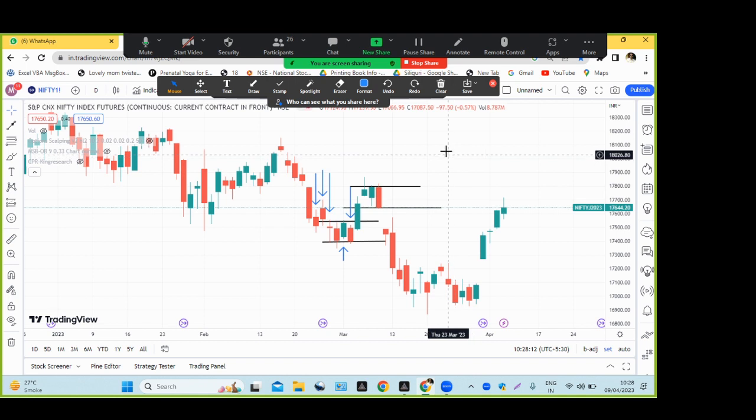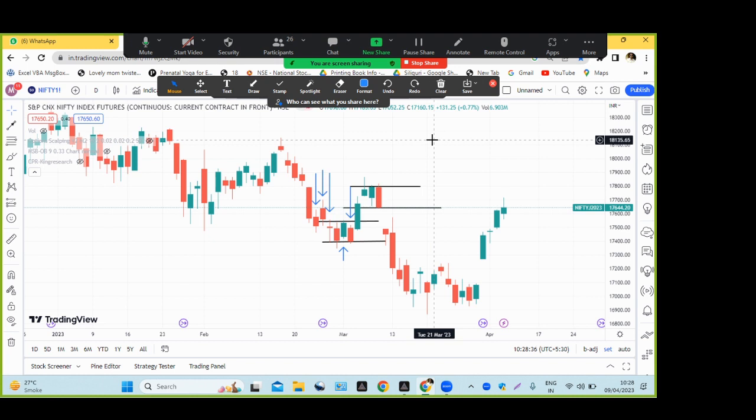Okay, so now what will happen if this candle appears? There are 1, 2, 3, 4 arrows having stop losses somewhere here. What will they do? They will exit. Am I right or wrong? Correct me if I'm wrong.